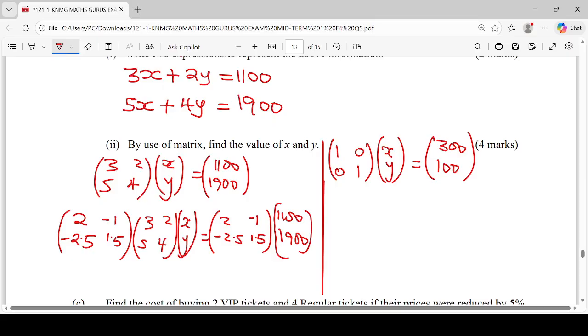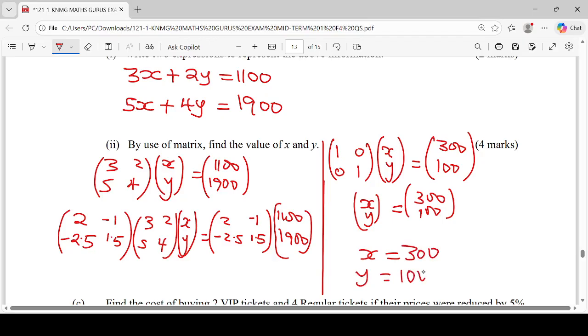Then also, when you multiply the identity matrix by another matrix, you just get the matrix itself. So xy is equal to 300, 100. This means the value of x is equivalent to 300. The value of y is equal to 100. That's what it means.